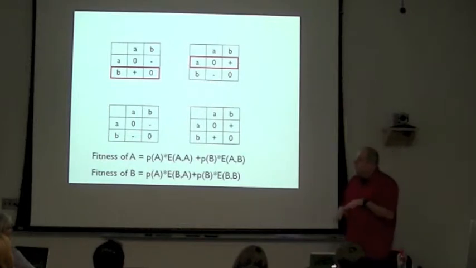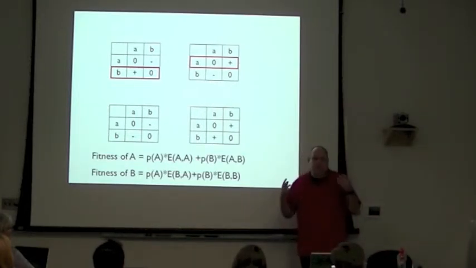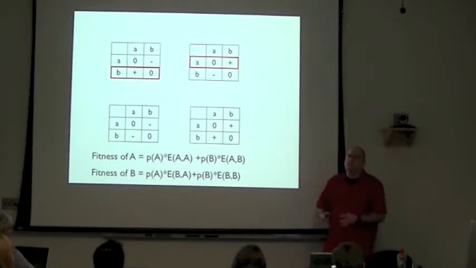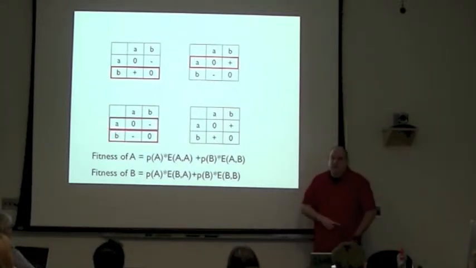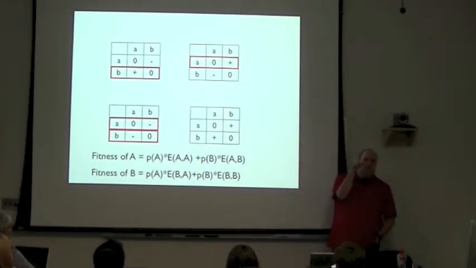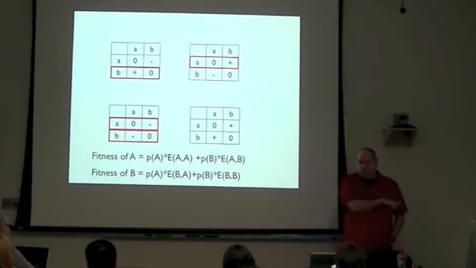So if I have, let's say, a ratio of 90 to 10 A players, the B players will suffer much more because they encounter way more A players than B players. The result is that both of these strategies can end up winning, but it depends on the start condition. If I have lots of A's, A's will win. If I have lots of B's, B's will win. It's a situation where both strategies are good, but the outcome is determined by the starting condition.